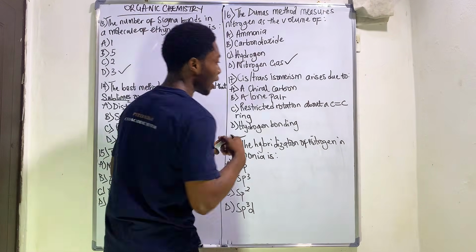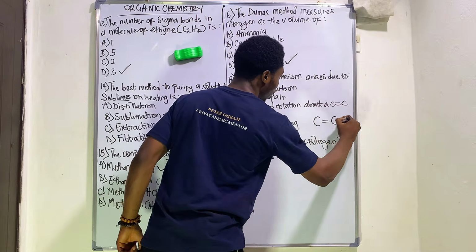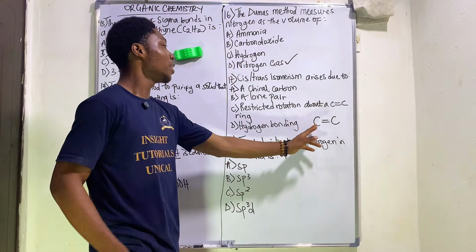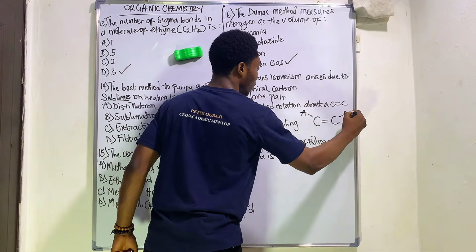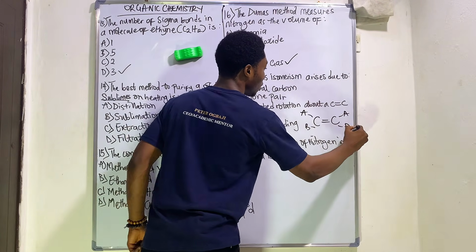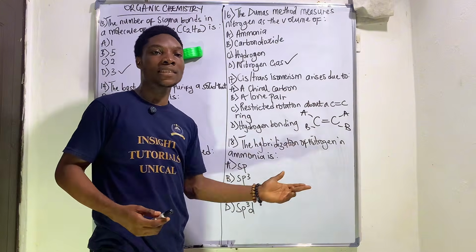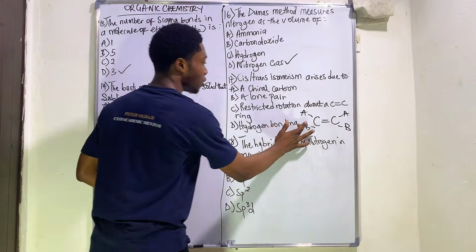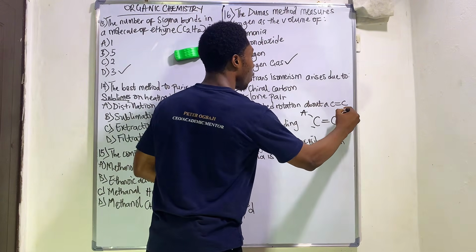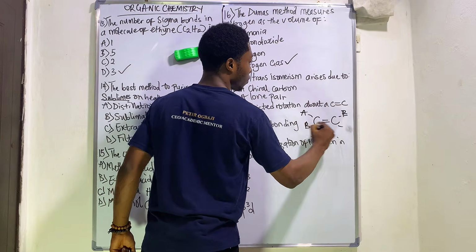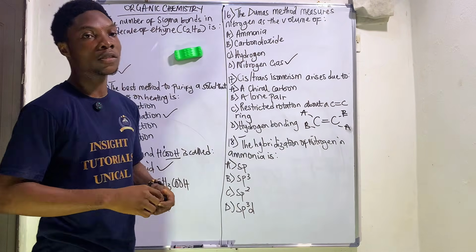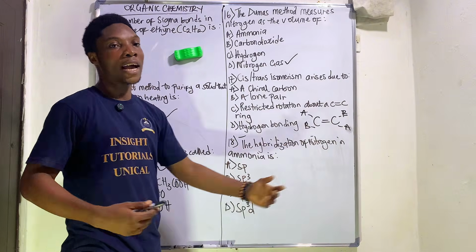Which is as a result of the position of substituents across a carbon-to-carbon double bond. For example, A, B, B. Now, when the substituents are side by side, it is cis isomerism, and when the substituents are opposite each other, it is the trans isomerism.